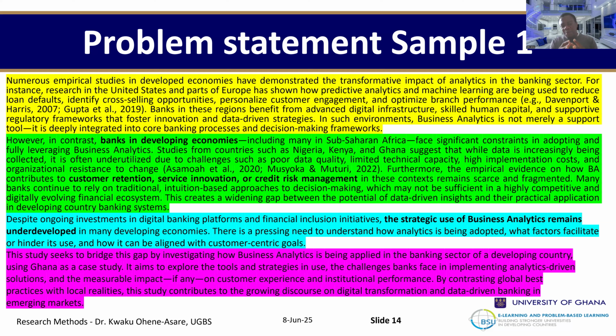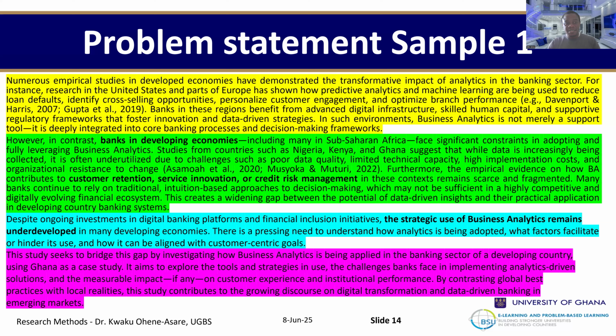Let's look at a sample of a research problem within the sentence. Numerous empirical studies in developed economies have demonstrated the transformative impact of analytics in the banking sector. Now, watch that word. It needs to be cited because of the word numerous. You have to give at least 5 citations to that statement.